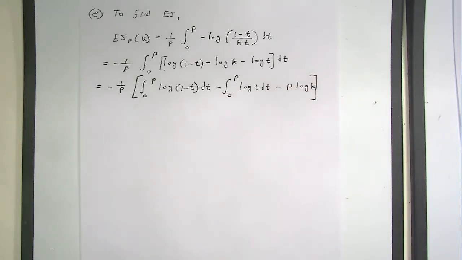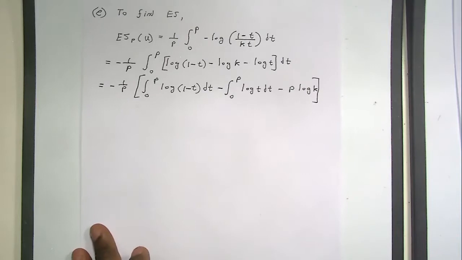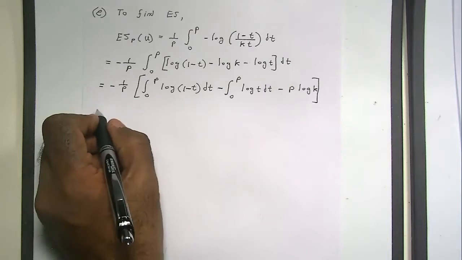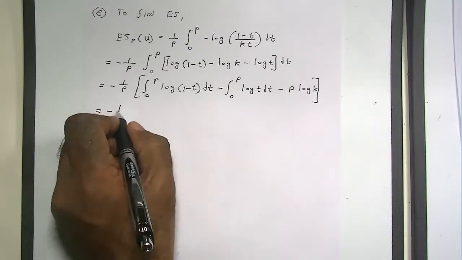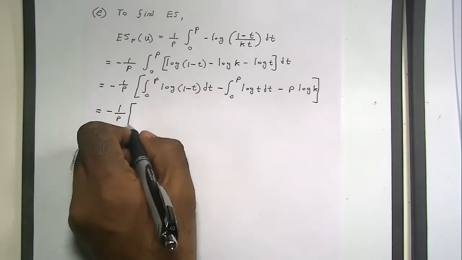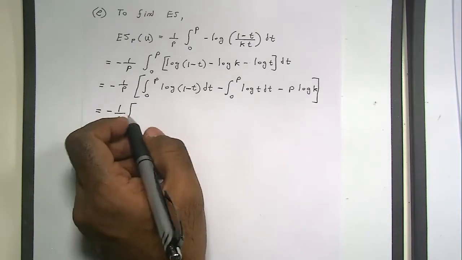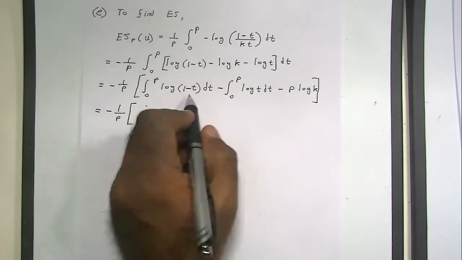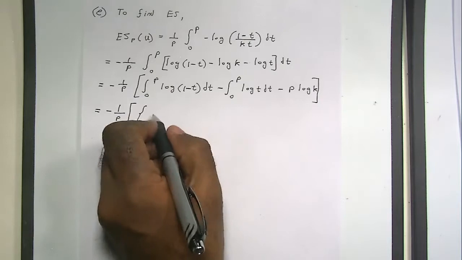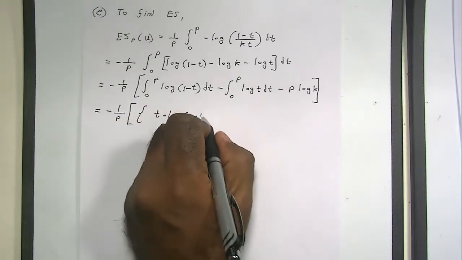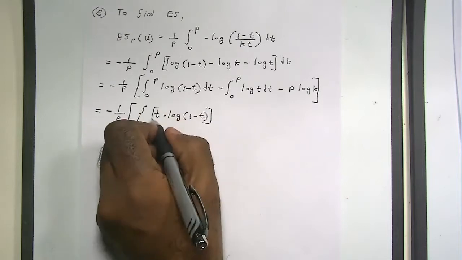So you need to just work out these two integrals, and there are many ways you can do this. One way is to apply integration by parts, as we did before. So if you apply integration by parts, the first thing is, for this integral, it's gonna get a bit complicated.